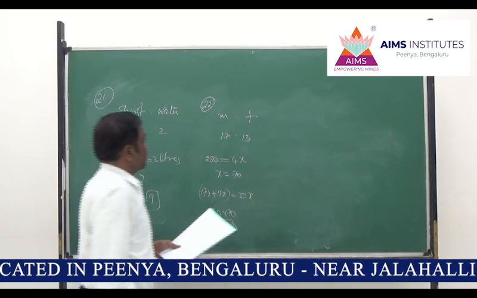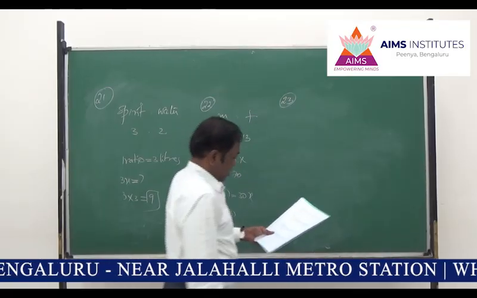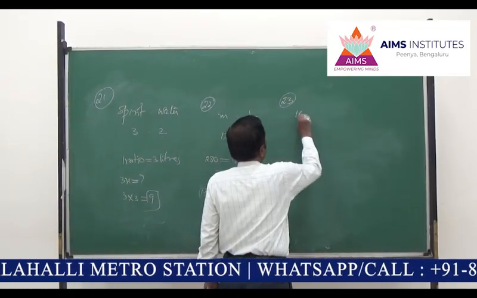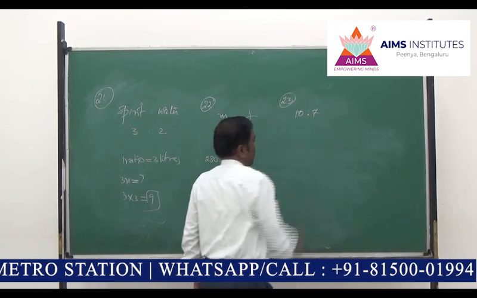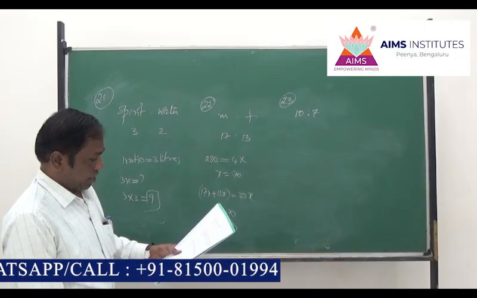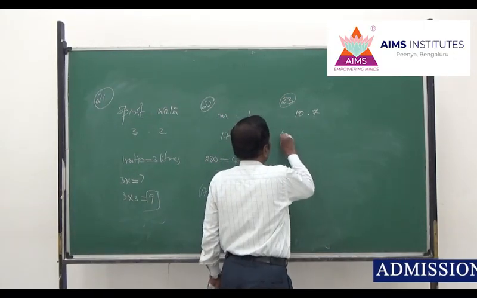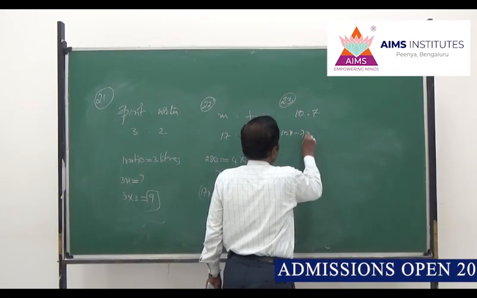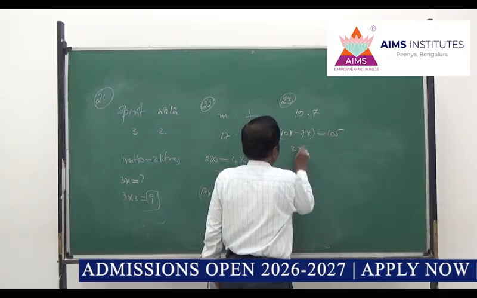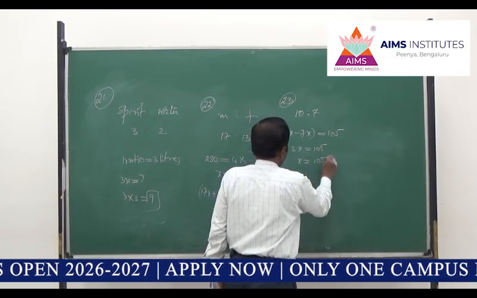Next, question number 23. The ratio of two numbers is 10:7 and their difference is 105. It means 10x minus 7x is equal to 105. It means 3x is equal to 105. x equals 105 by 3.